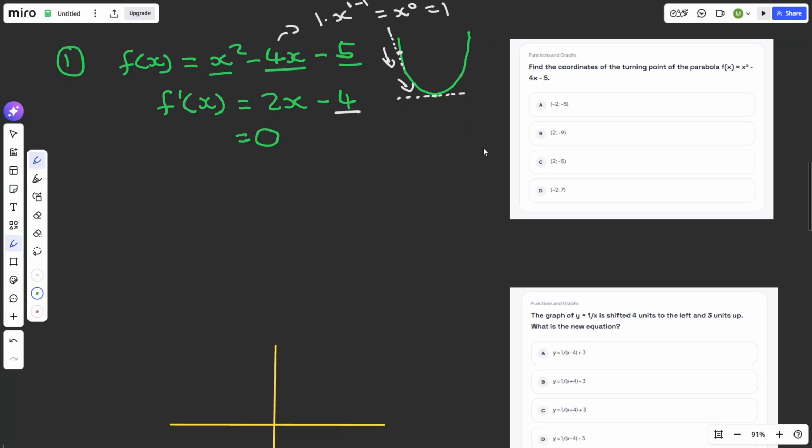Because if we go back to what we were discussing at the beginning, at the turning point, if we were to draw a horizontal line, that horizontal line will touch that point. From your understanding of gradients of functions, the horizontal line tells us that the gradient is 0, because there is no change in the y value.